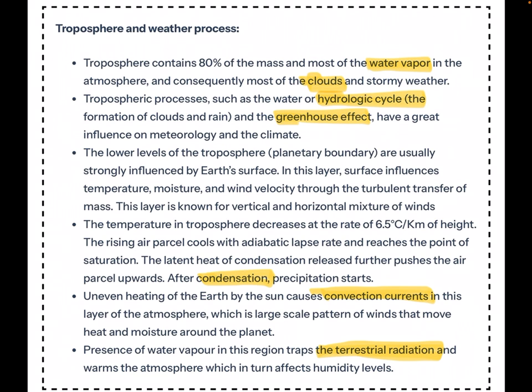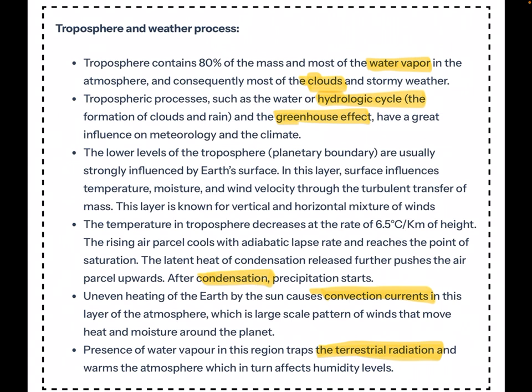Because of that water vapor, the heat of the sun, which comes through the sun rays, is sustained in the atmosphere. That's why the earth remains balanced in temperature. इसकी वजह से वाटर वेपर की वजह से अर्थ का टेम्परेचर मेंटेन रहता है.